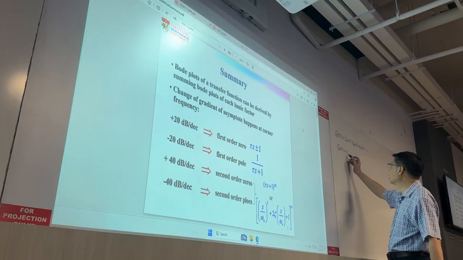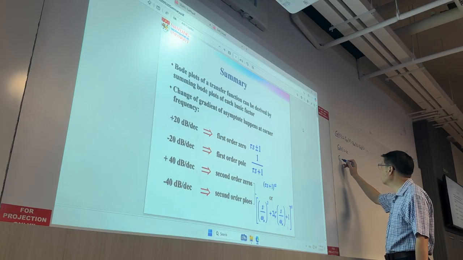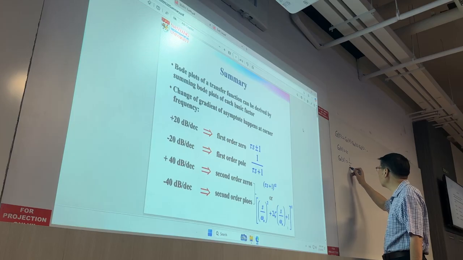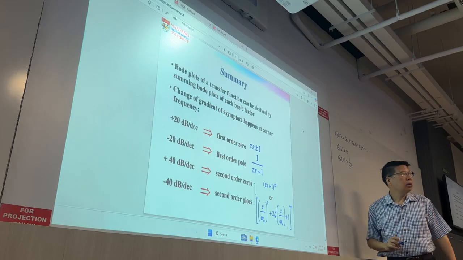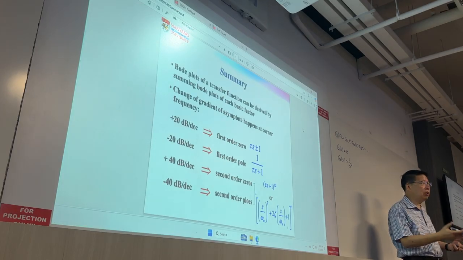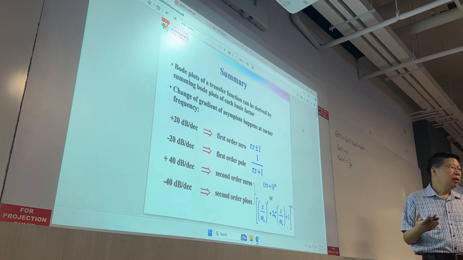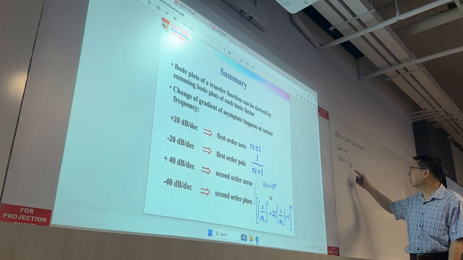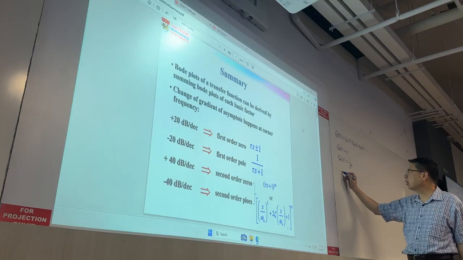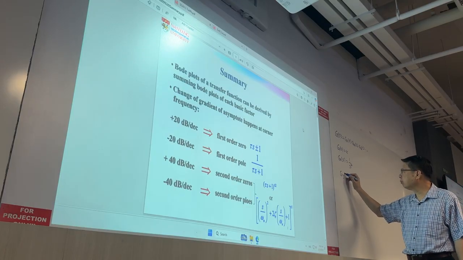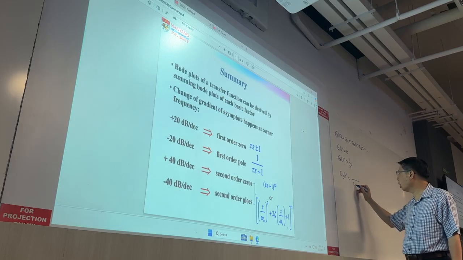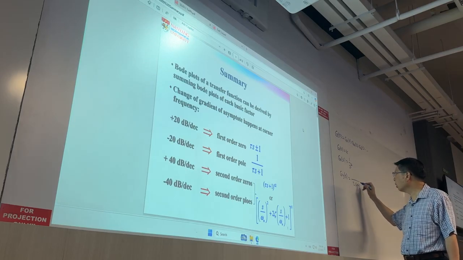So this is the overall gain, and this one, for example, is equal to 1 over s to the power n, and n could be 0, 1, or 2, which determines the type of the system. So n is the type of the system. And this one could be like tau 1 s plus 1.